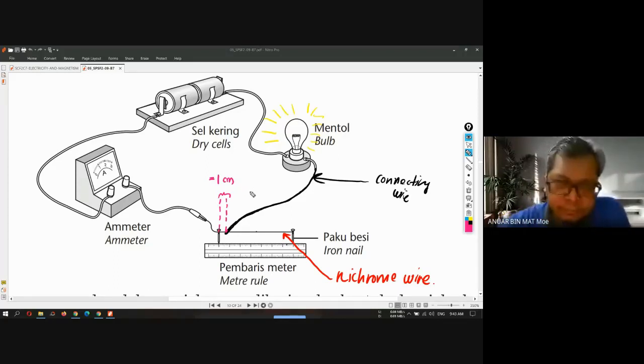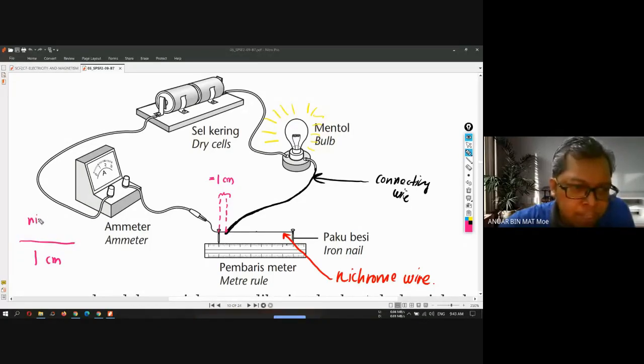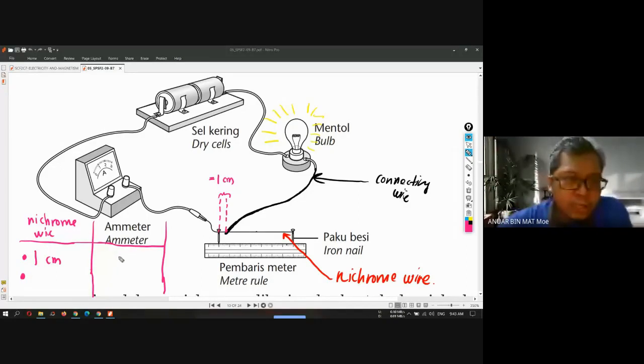So for 1 centimeter of connected nichrome wire, the ammeter reading, I give you approximate only, is about 0.4 ampere.